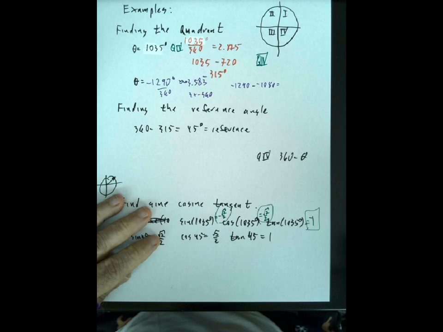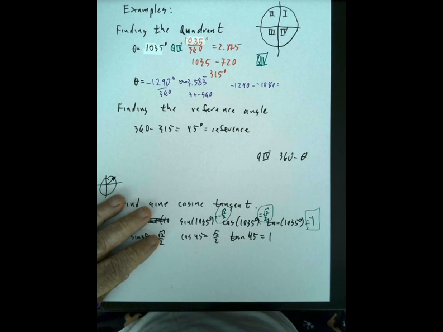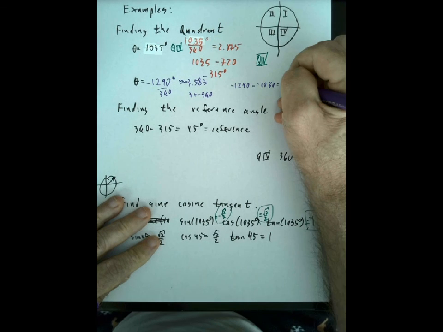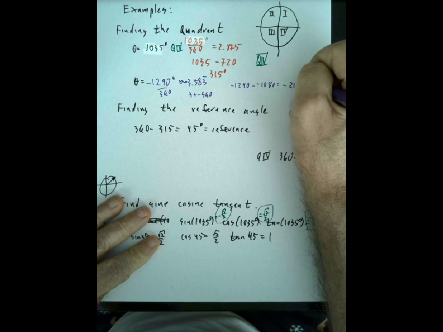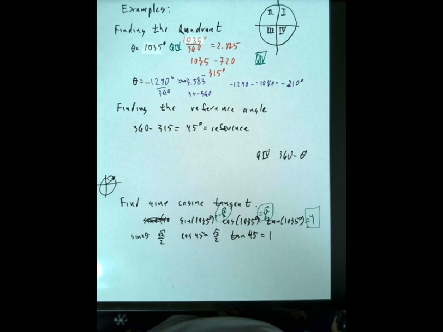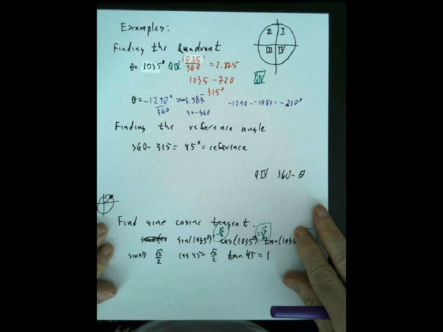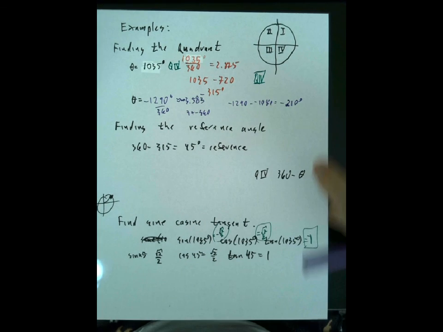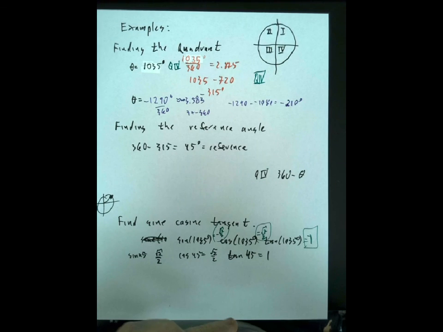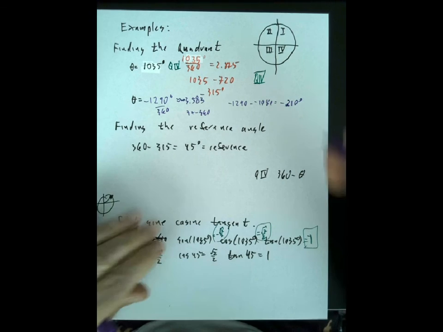And that gives us negative 210 degrees. Okay? Now, that's the unwound angle. So where is negative 210 degrees?